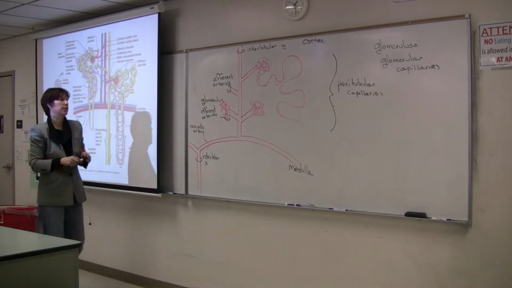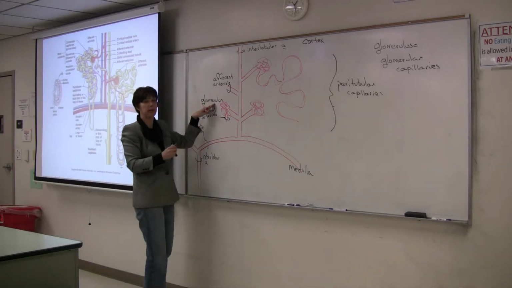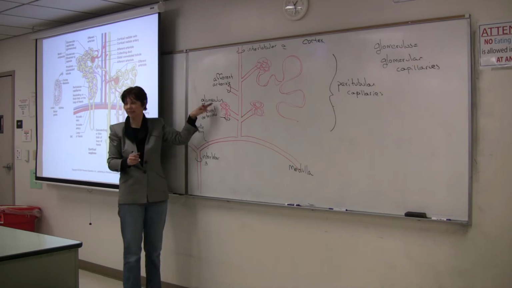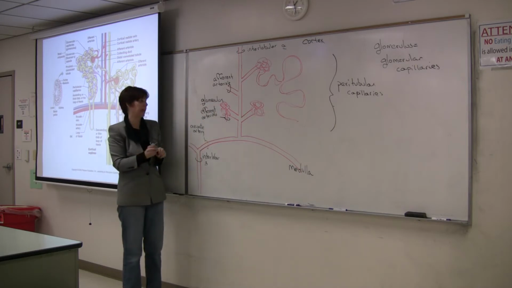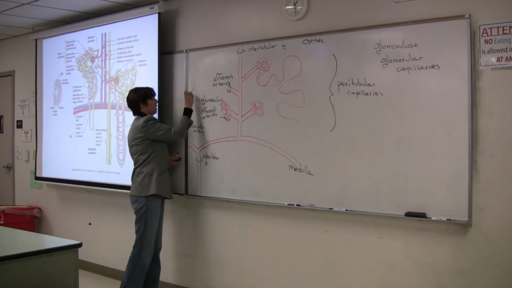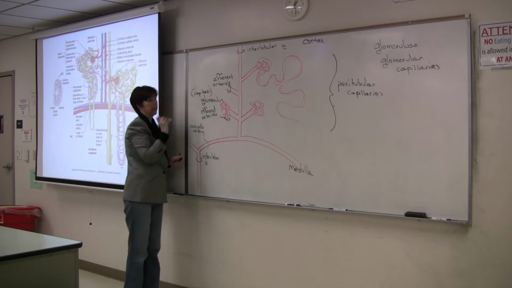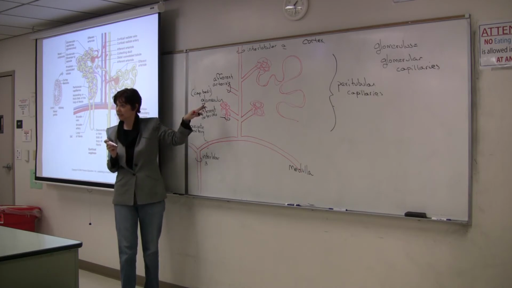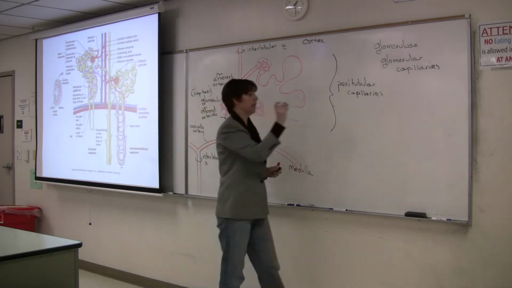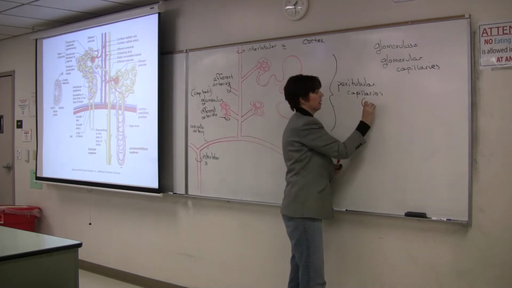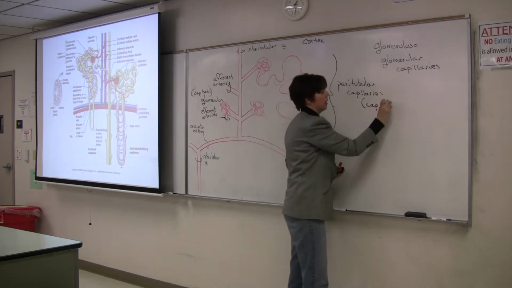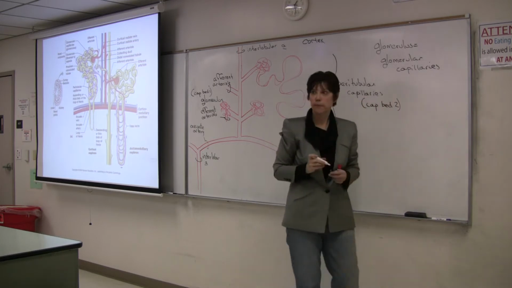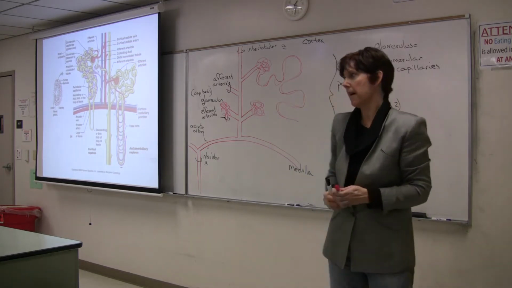Let me add an additional term. The glomerulus is capillaries, right? I just said glomerular capillaries. Cap bed 1. Sound familiar? Peritubular capillaries, cap bed 2. What does that remind you of?